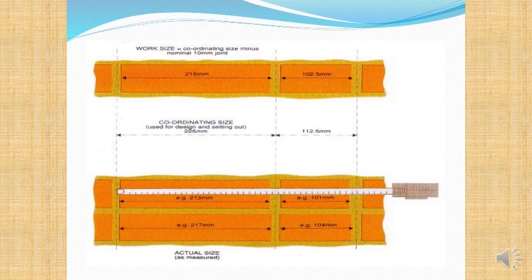You can see that for the top one, the work size is 215 millimeters, and then the depth is 102.5 millimeters. However, in terms of coordination, for working out how many blocks you need for a 3 square meter wall, you need to allow for the gap for mortar to go between the blocks.